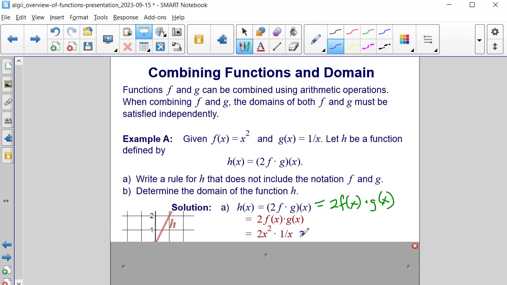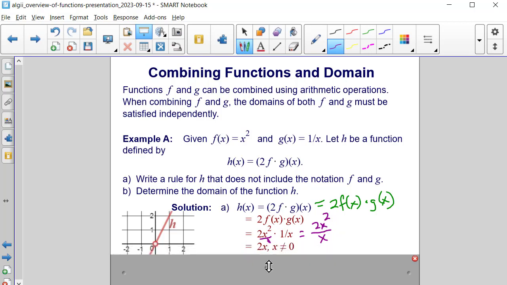Now if we multiply these through, we will have 2x squared times 1, which is 2x squared, and then there's a 1 in the denominator here, and 1 times x is x. Notice that x squared divided by x simplifies to just being an x remaining in the numerator.